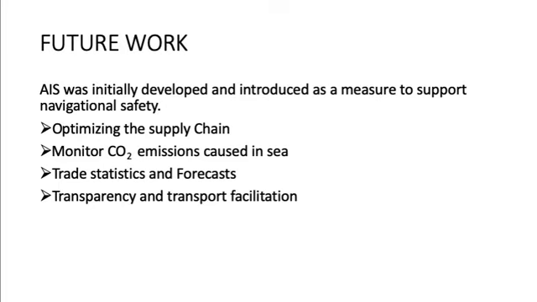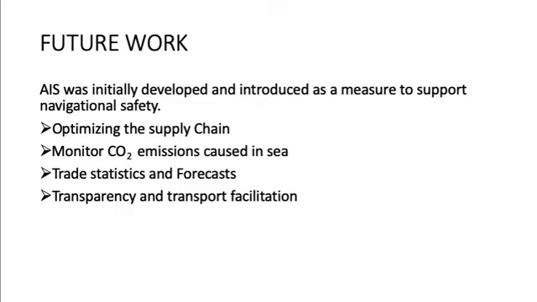So, as mentioned earlier, AIS was initially developed and introduced as a measure to support navigational safety. But with the passage of time, we have seen numerous applications of it, and the list is continuing to grow.